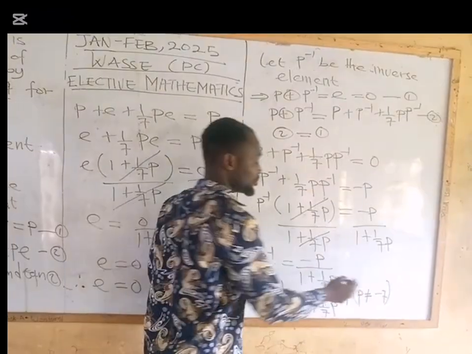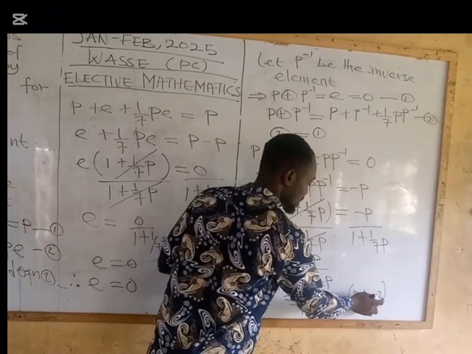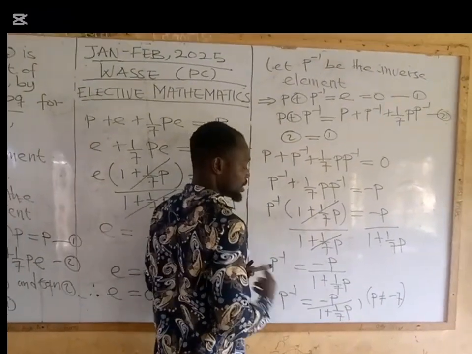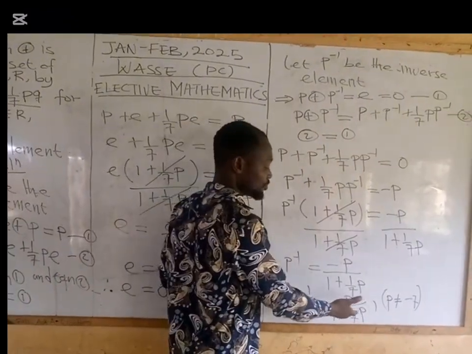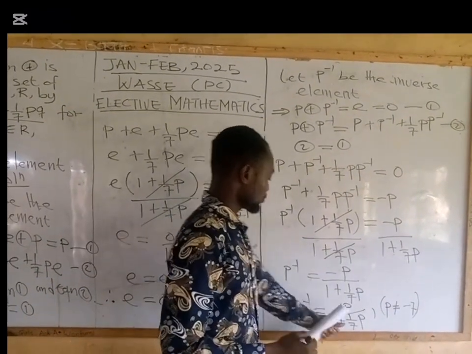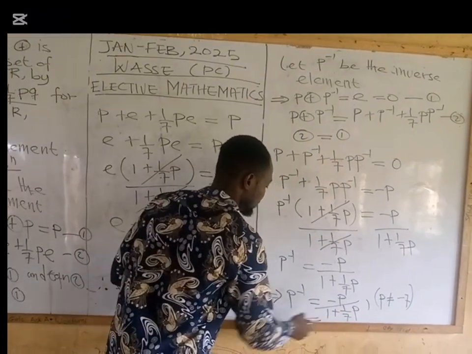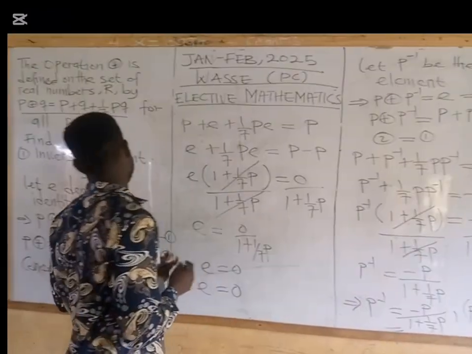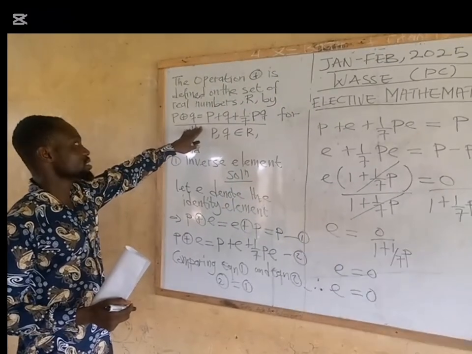Because when P becomes -7, then the relation becomes undefined, because it will be negative P all over 0, and that makes our relation undefined. So this is our final answer to the question: find the inverse elements in this relation.